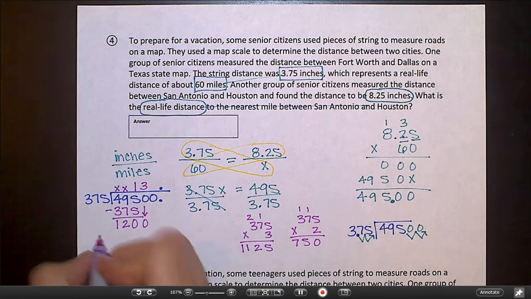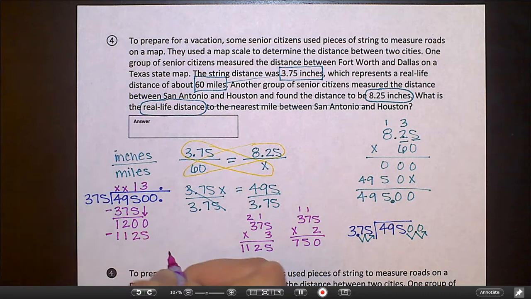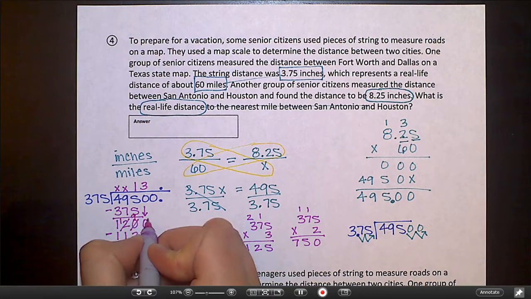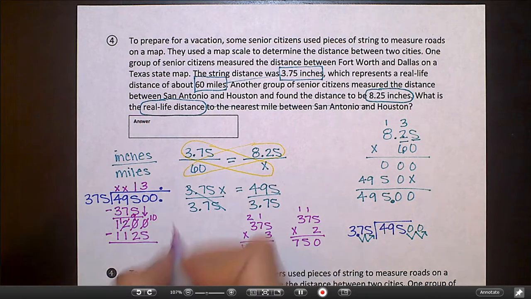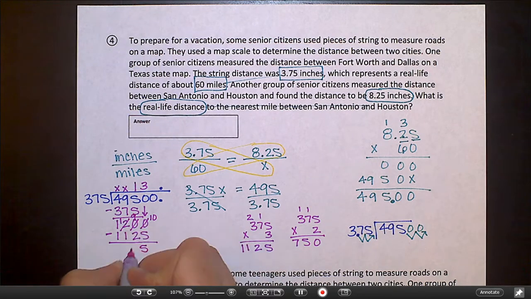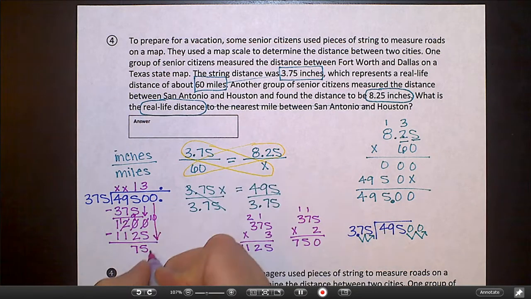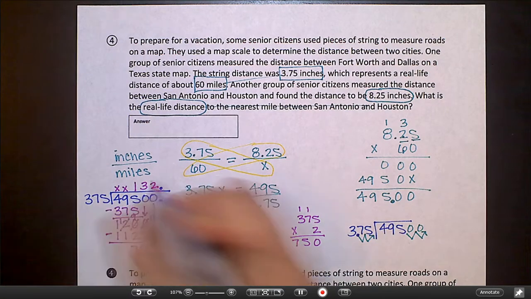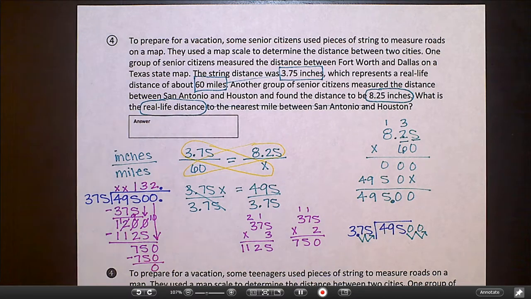I already know 3 times this number is 1,125. And I can start subtracting. This becomes a 9 and this becomes a 10. I could have made this a 10, but then I would have had to borrow from it. So I was just skipping a step. That's 5 and 7. All right, we still have one more zero that we have to use. So 375, oops, I already know that 375 times 2 is exactly 750. What luck. Okay, so 2 times that is 750. And we are all done.